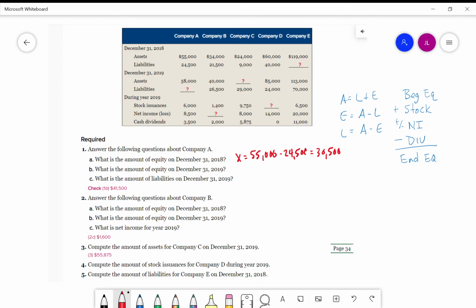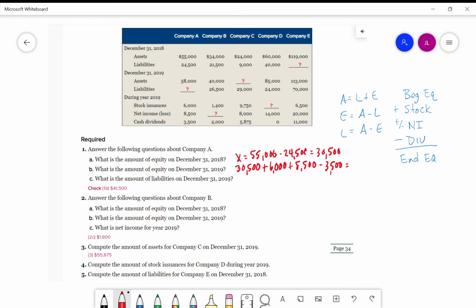So we follow this formula. We have our beginning equity of 30,500. We add our stock issuance, plus 6,000. We add our net income of 8,500, and we subtract our dividends of 3,500.